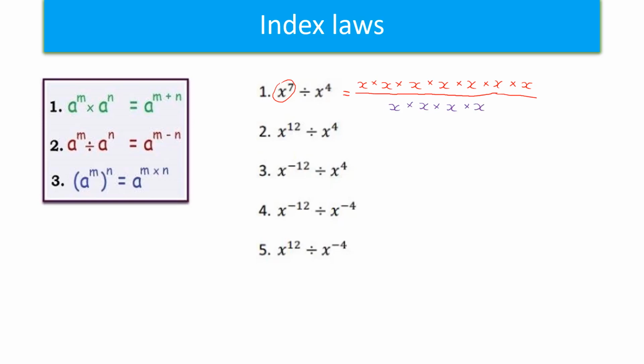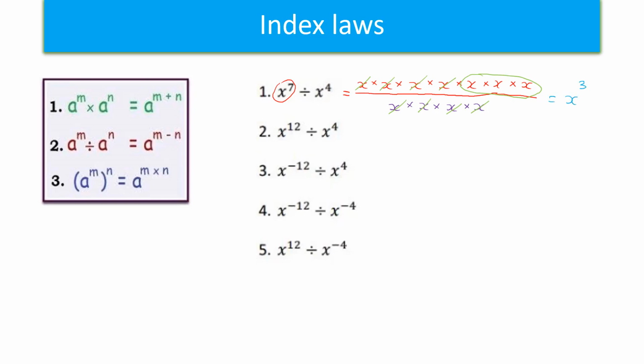Now, just because it's a fraction, we can cancel. So for example, this x with this one, this one with this one, and so on. And now what we've got left is x multiplied by itself 3 times. So that is x to the power of 3.